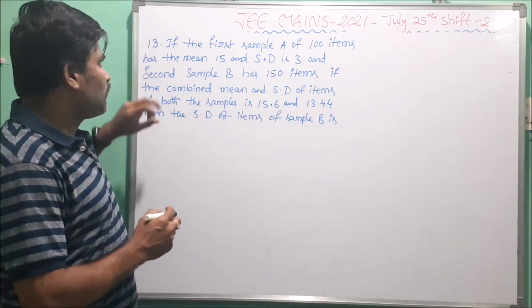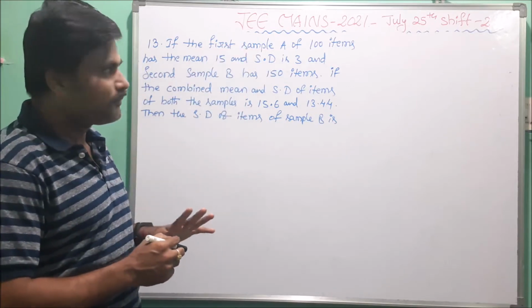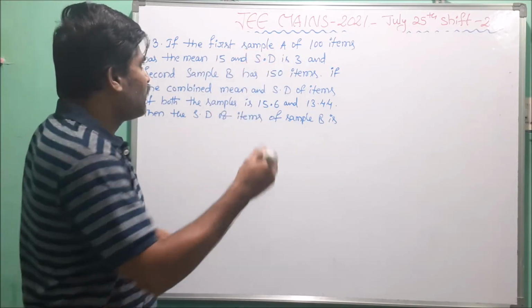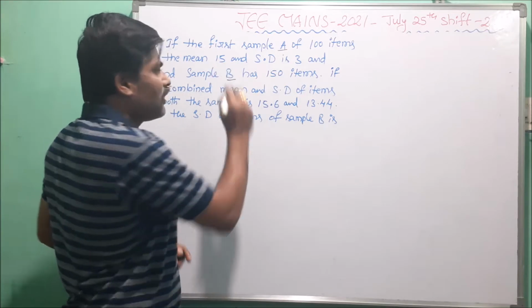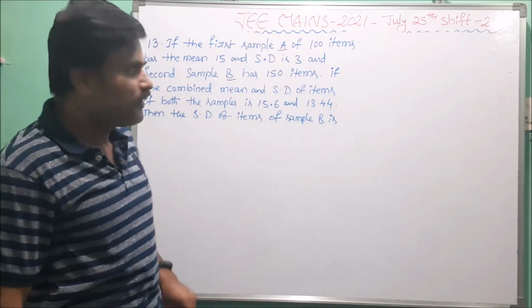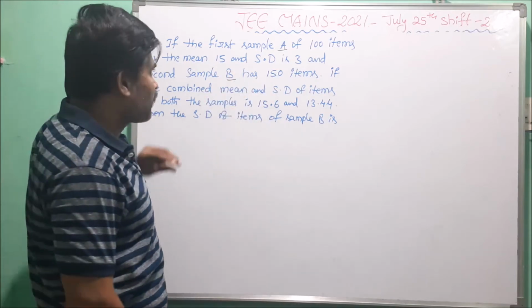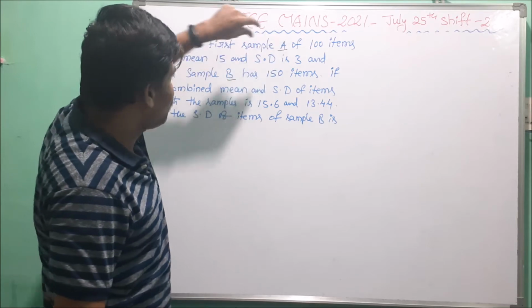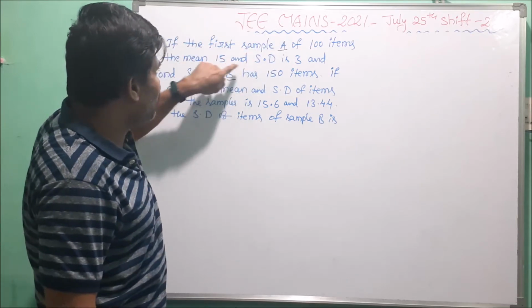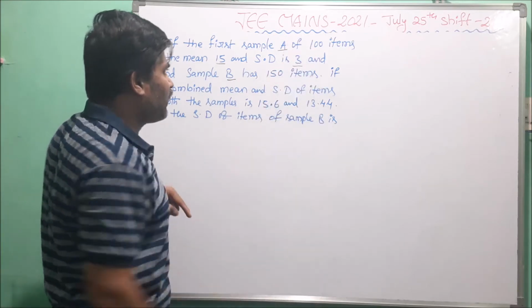So here first of all we have to observe there are two samples. First one is A and second one is B. In sample A, the number of items is 100. In sample B, the number of items is 150. In sample A, the mean is 15 and the standard deviation is 3.